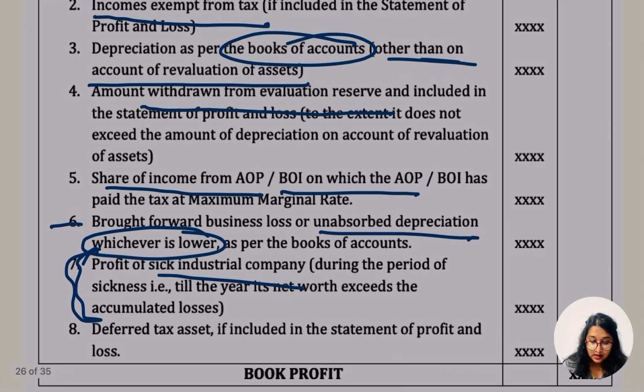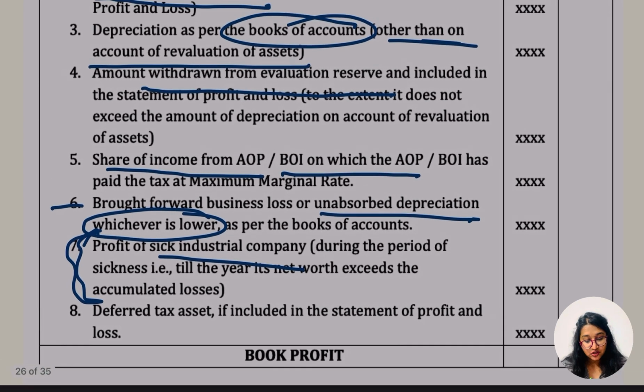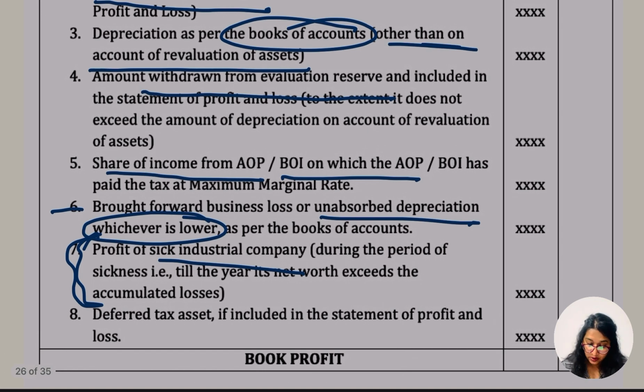Then comes the amount withdrawn from the revaluation reserve and included in the statement of P&L account. Then comes the share of income from AOP, BOI on which the AOP and BOI have actually paid tax at the maximum marginal rate, and brought forward losses or unabsorbed depreciation, whichever is lower. But there are some cases, for which I'll come with another illustration in another lecture, where we are going to take both things.